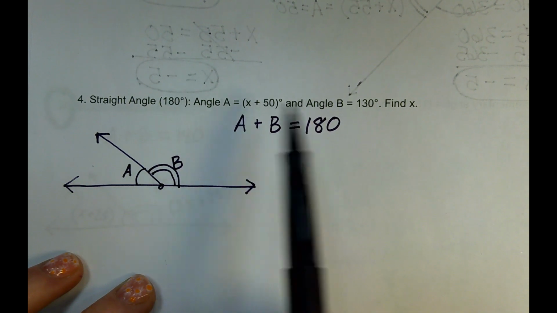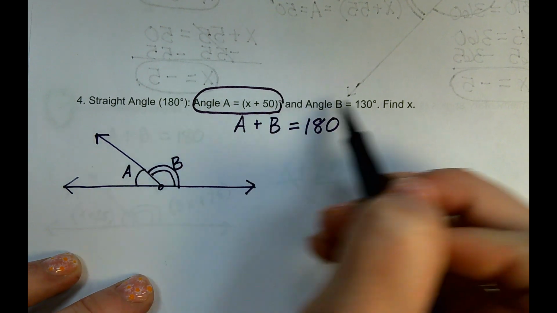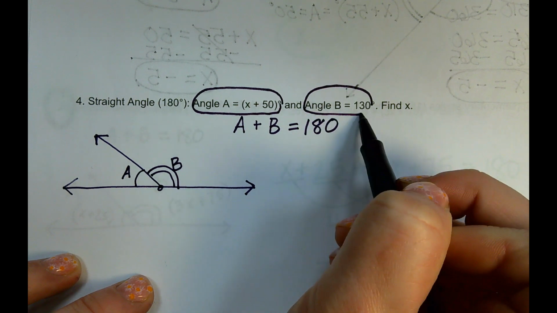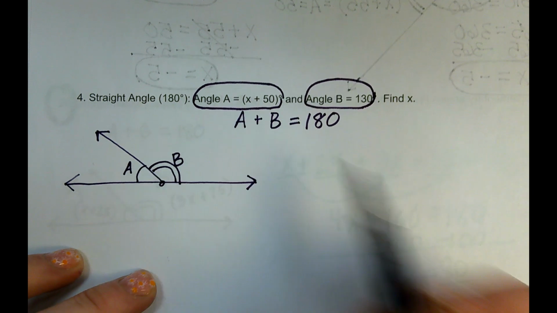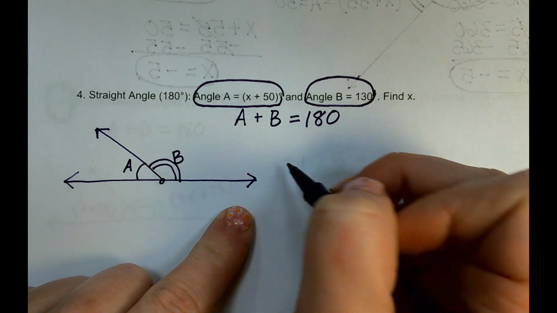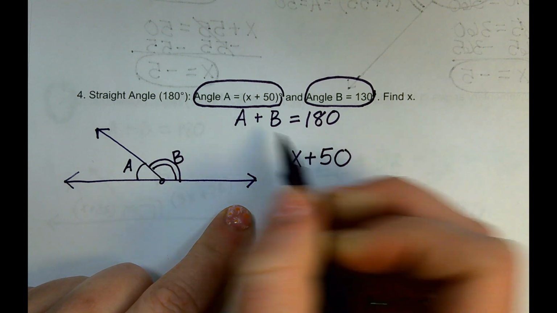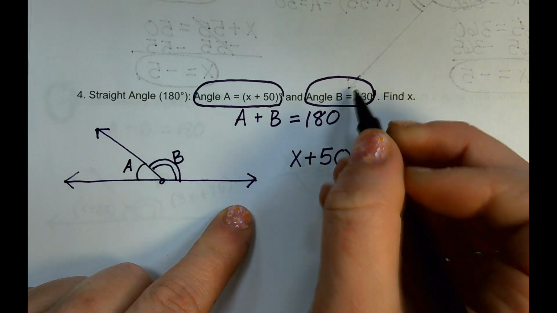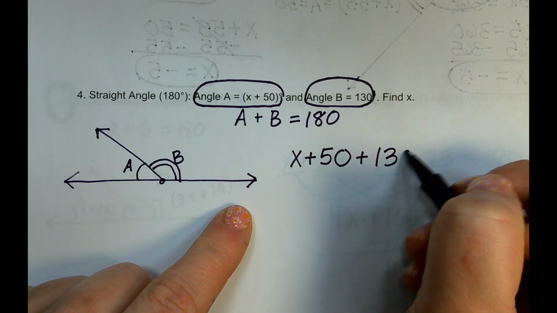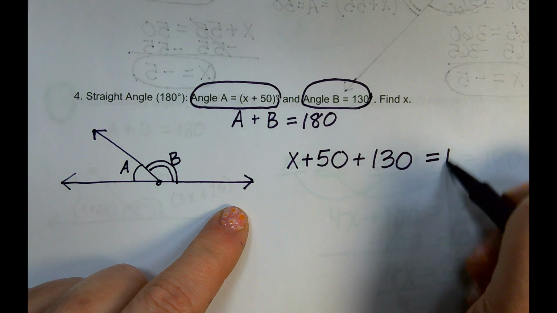We were given some different values for angle A and angle B. So let's replace A with the value they gave us. What should I write instead of A? X plus 50. Good. X plus 50, plus angle B is 130, equals 180.